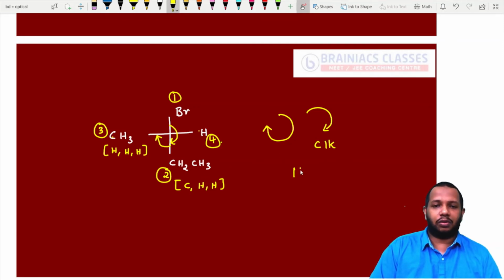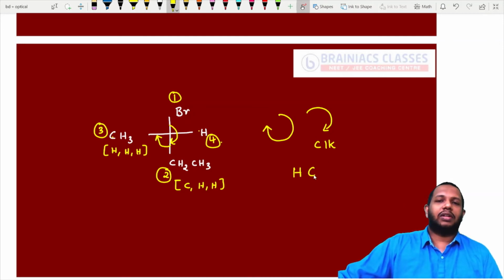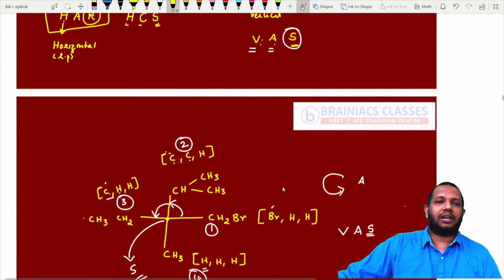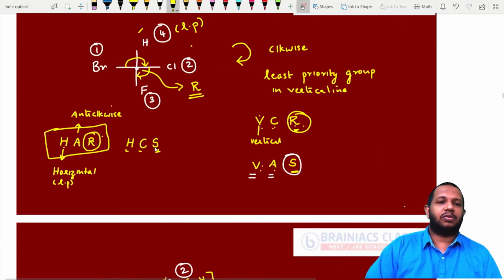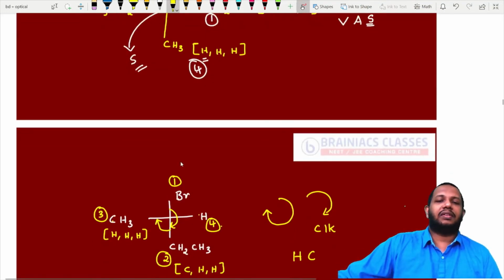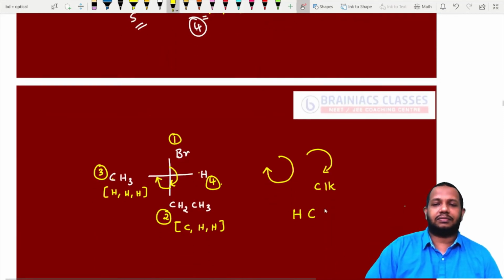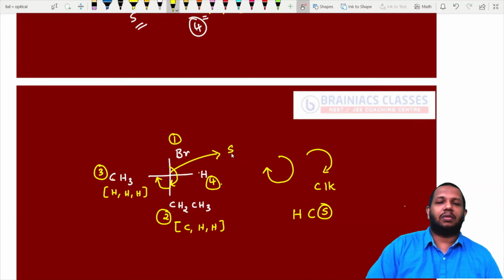So we take the horizontal system, horizontal clockwise. Now go there and see what horizontal clockwise is. We know that horizontal is HAR. So horizontal clockwise will be HC. Horizontal clockwise will always be S configuration. So we can see this is S.